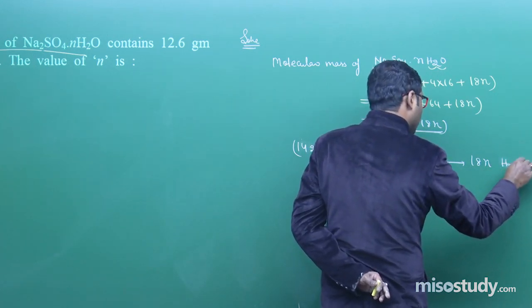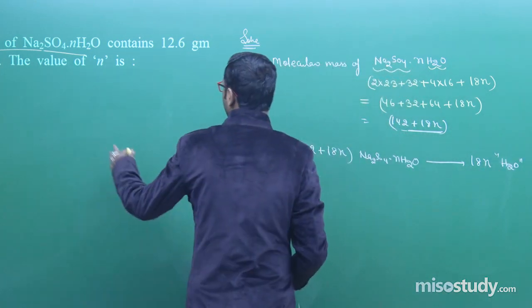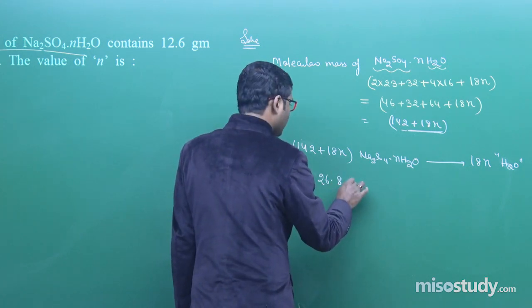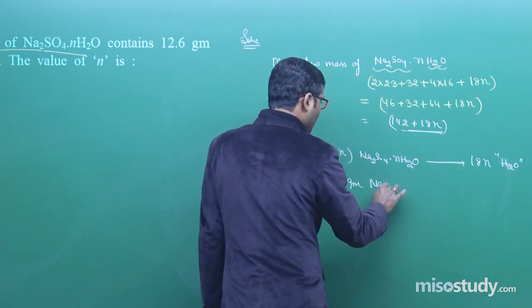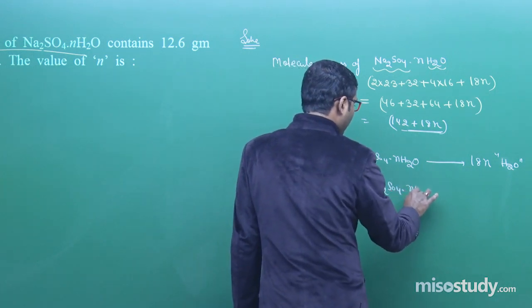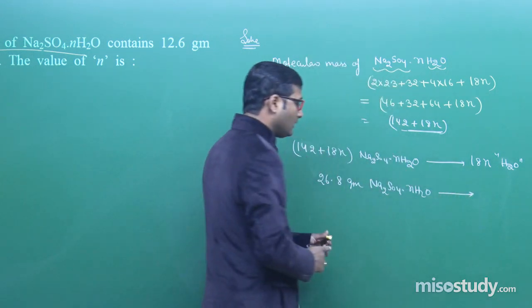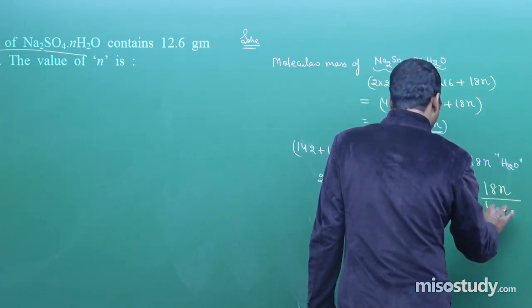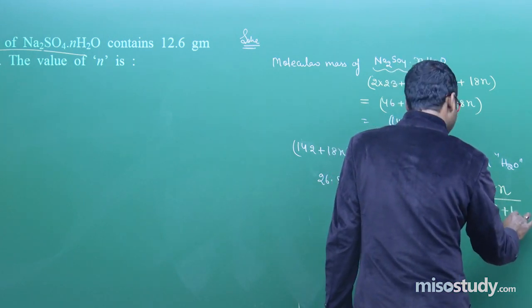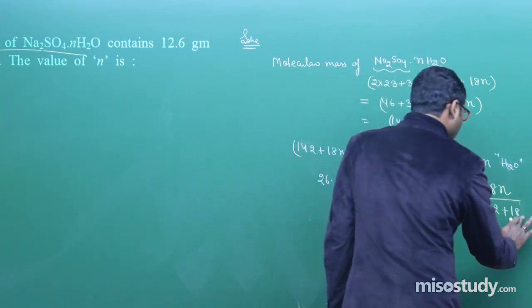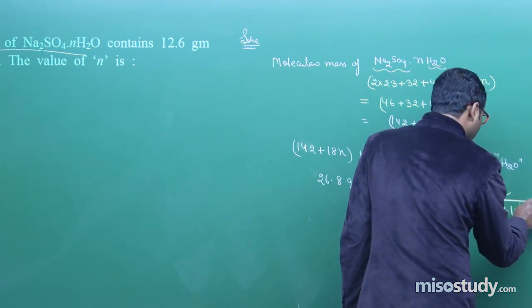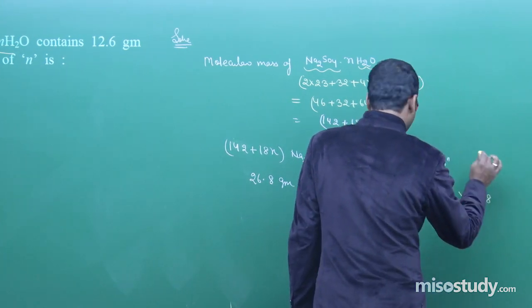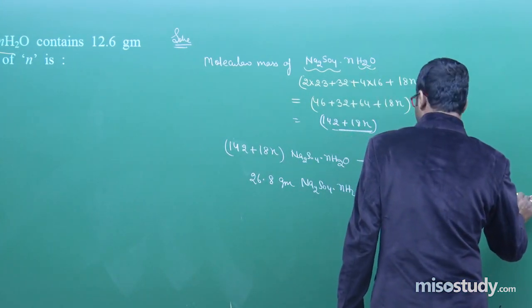Now it is given here 26.8 gram Na2SO4 into NH2O will contain 18N upon 142 plus 18N multiplied by 26.8 gram H2O.